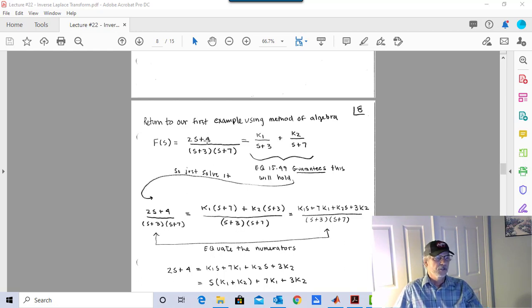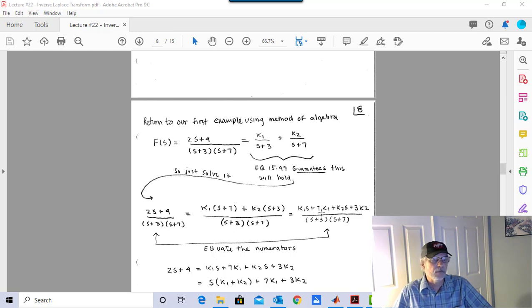So (2s plus 4) divided by (s plus 3) times (s plus 7) is on my left. And now what I want to do is put these over a common denominator of (s plus 3) times (s plus 7). So I got to multiply k1 by (s plus 7), and I got to multiply k2 by (s plus 3). And here we go. So here is my right-hand side over a common denominator.